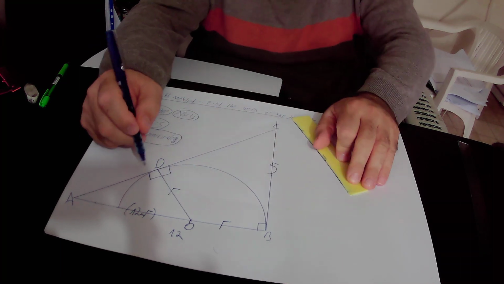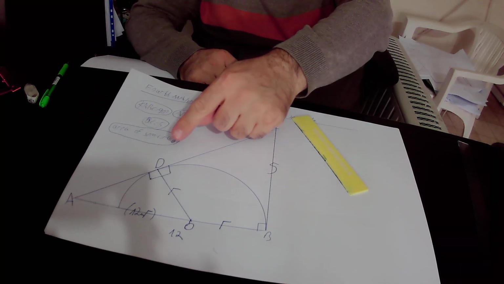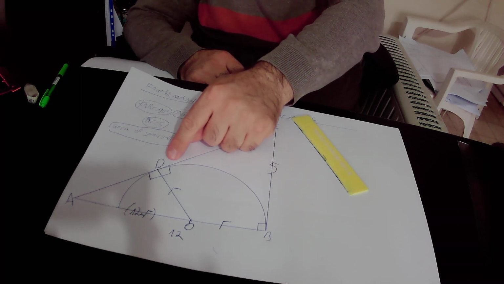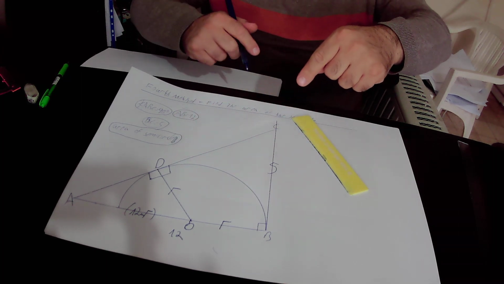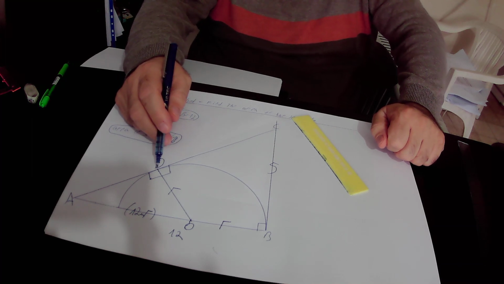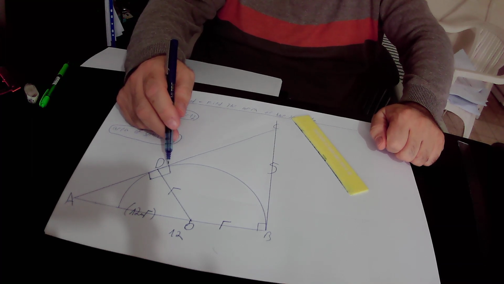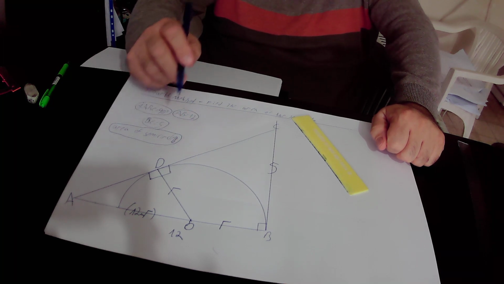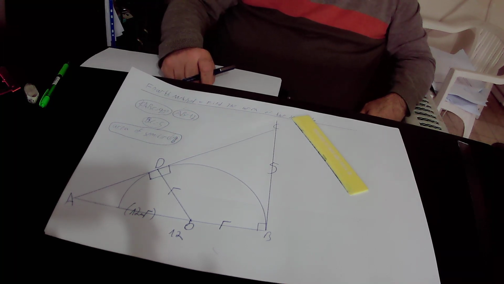Why? Because the radius OD is drawn to the point of tangency. Therefore, the tangent AC will be perpendicular to this radius. That is to say, this angle will be equal to 90 degrees, and this angle will also be equal to 90 degrees. Okay?